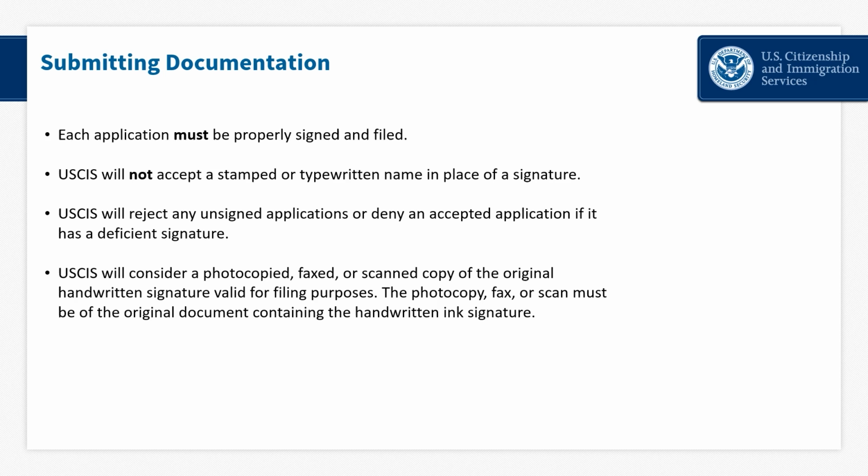If we accept the application but then determine the signature is deficient, we will deny the application. However, USCIS will consider a photocopied, faxed, or scanned copy of the original handwritten signature valid for filing purposes. The photocopy, fax, or scan must be of the original document containing the handwritten ink signature.